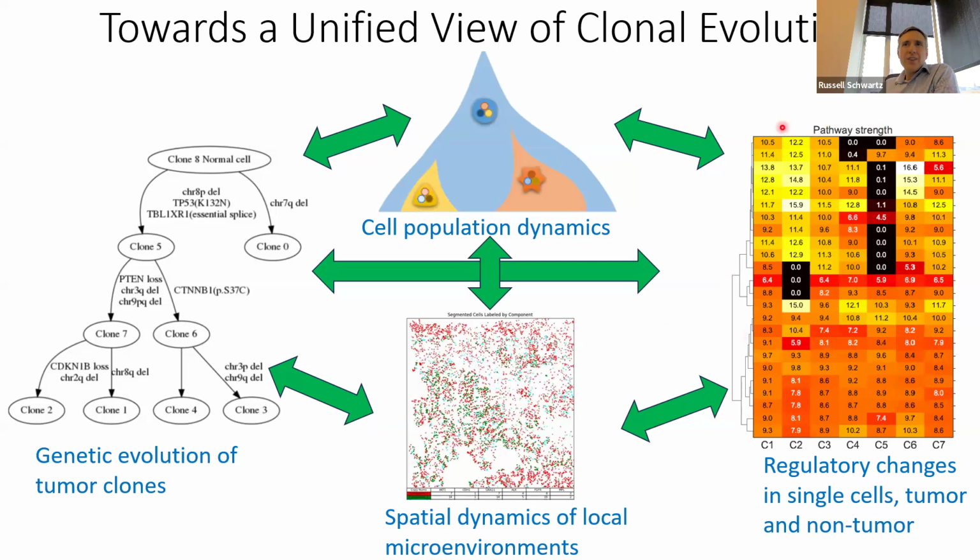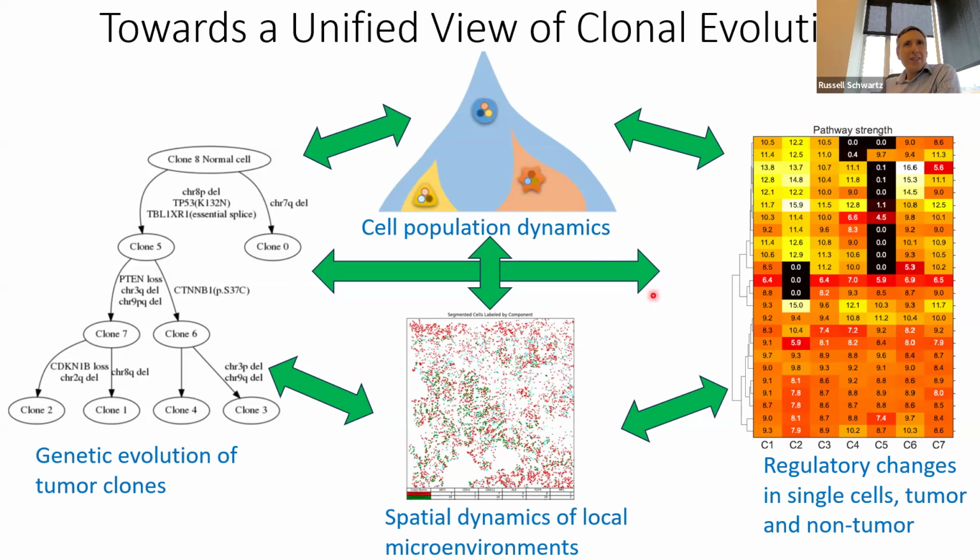And that in turn is interacting with regulatory changes in both the tumor cells and the non-tumor cells with which they're associated through a complicated process of cell-cell communication that others in the field are working to understand now, and that we're only really beginning to get a handle on.